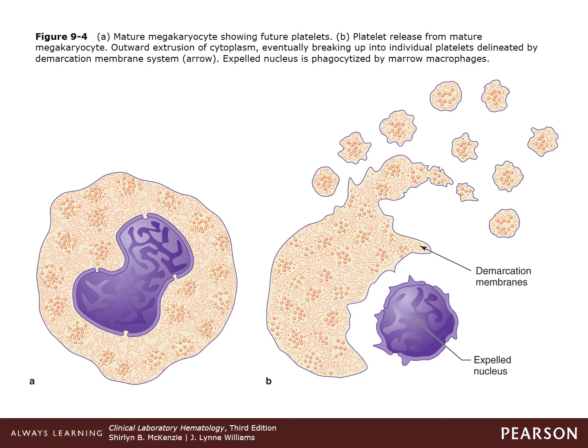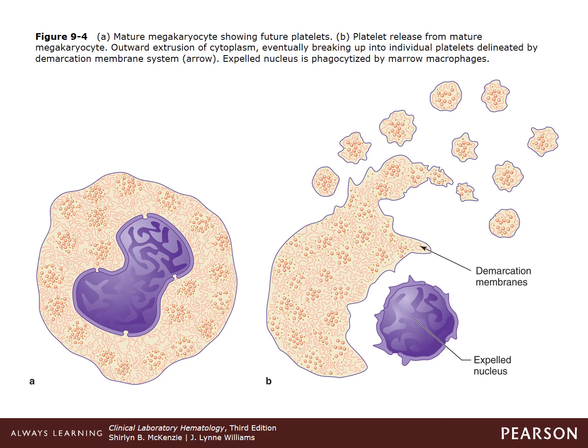Now the result is thrombopoiesis, which all occurs within the bone marrow. So as the megakaryocyte matures on the left, showing these different demarcations of how platelets are going to pinch off and form, you start to see it break apart where the nucleus is extruded and engulfed by a surrounding macrophage.